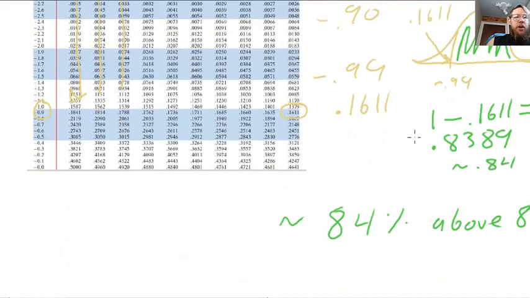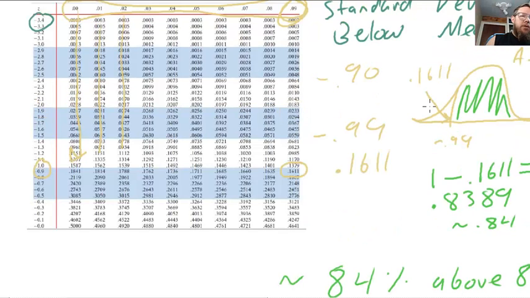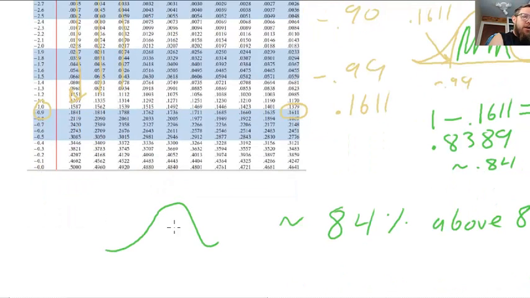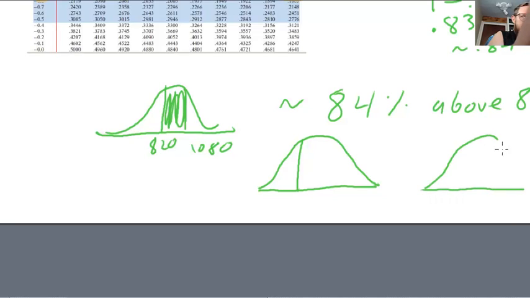If you continue on in these examples, there are other examples in the book that show you how to find areas, maybe between 820 and 1080 or something like that. So you can find this area, and you do it by simple math. You have a lower value, you have an upper value.